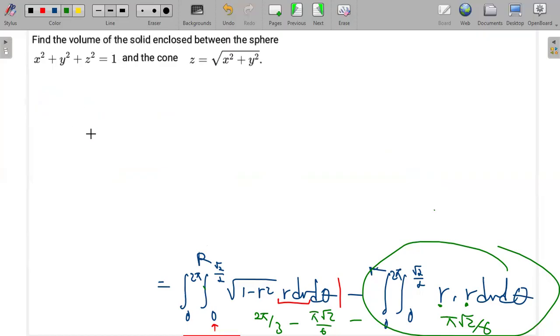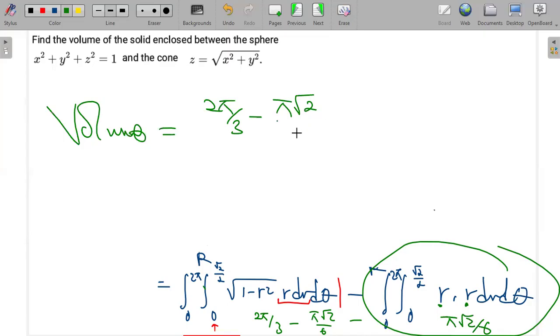So the final volume will just be equal to 2 pi over 3 minus pi root of 2 over 6, minus pi root of 2 over 6. Okay, so that's what we get there.